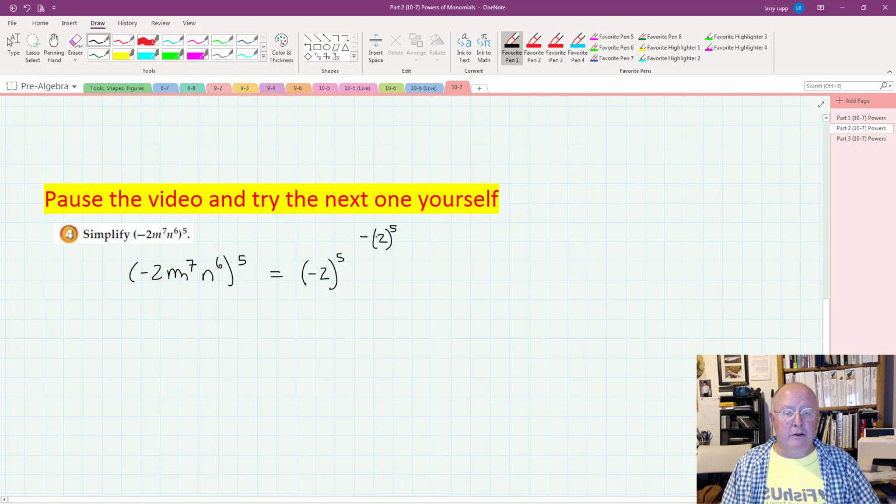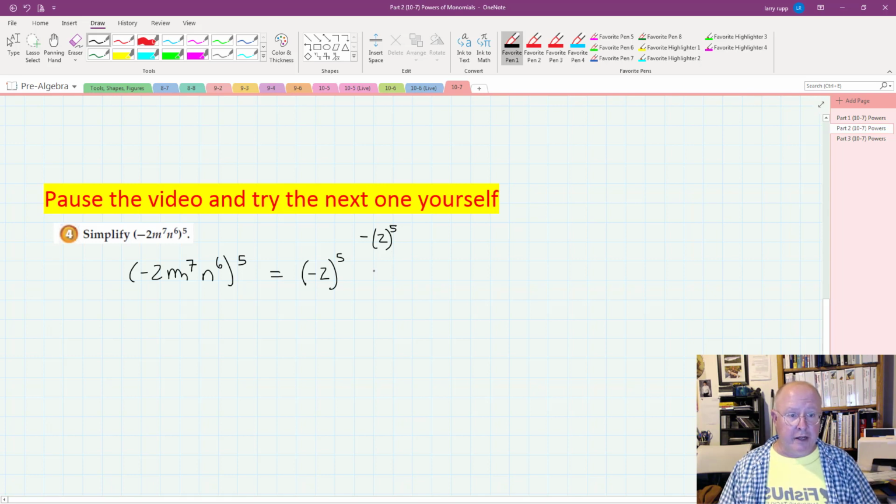This is negative the quantity 2 to the 5th. This will end up being a negative number. Now this will end up being a negative number too. And in this case, it happens to work out because the exponents are odd. If you recall, if you raise a negative quantity to an odd power, then your answer will be negative.